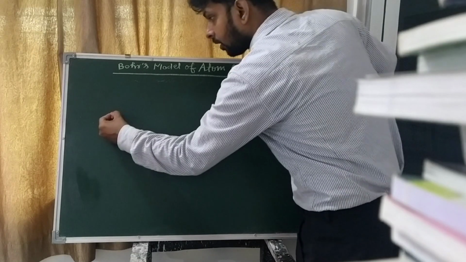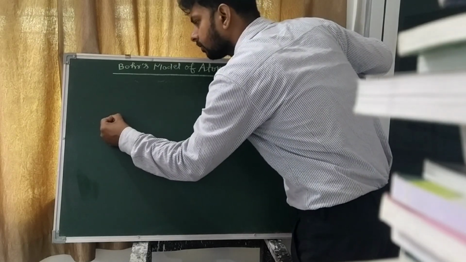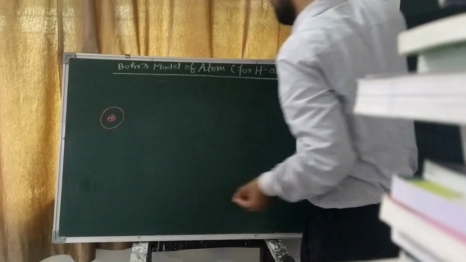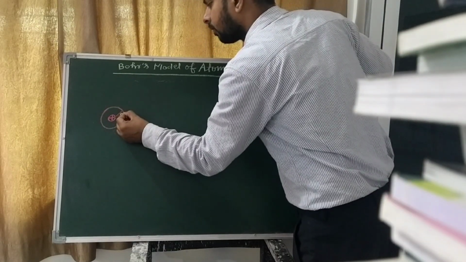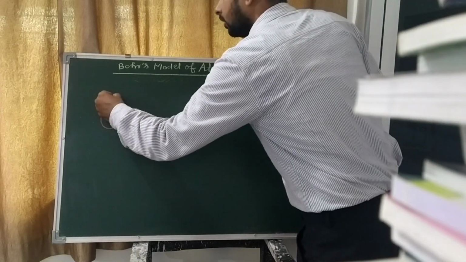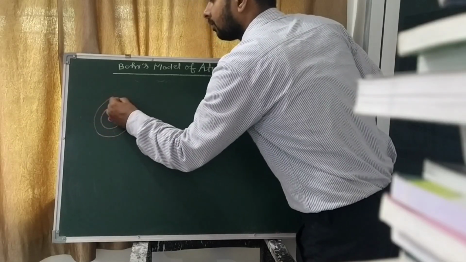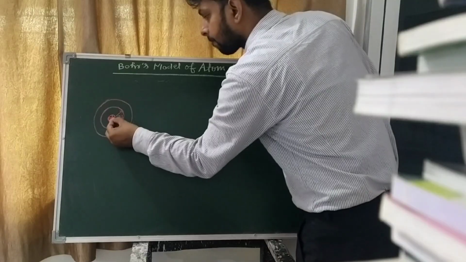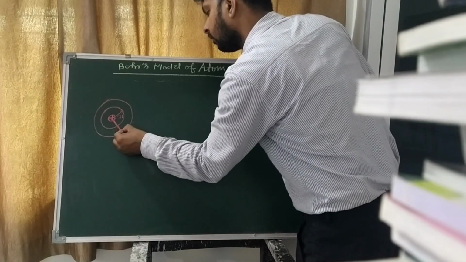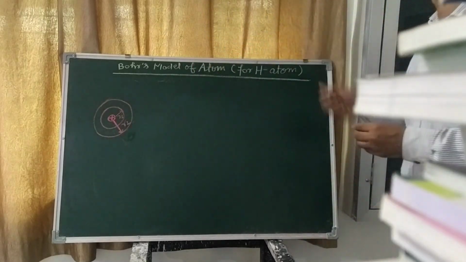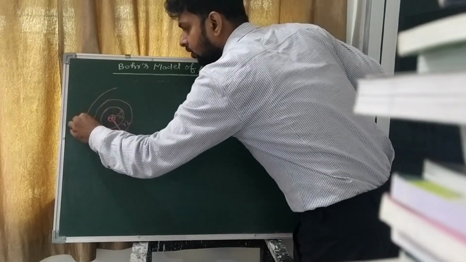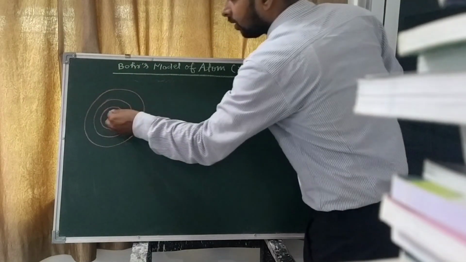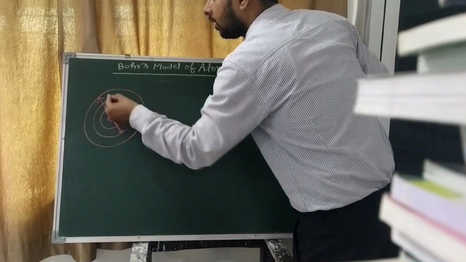So students, we have successfully come to know that if it is our nucleus with positive charge, and suppose it is our first energy level having radius r1, and it is our second energy level having radius r2, and suppose it is our third energy level having the radius R3.